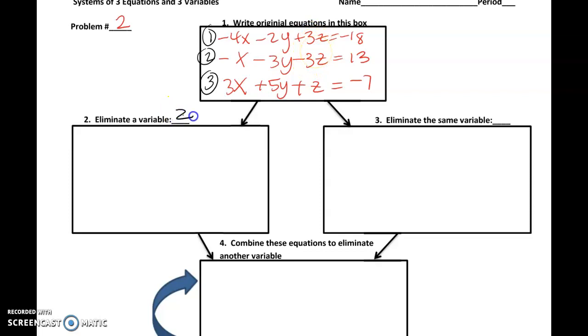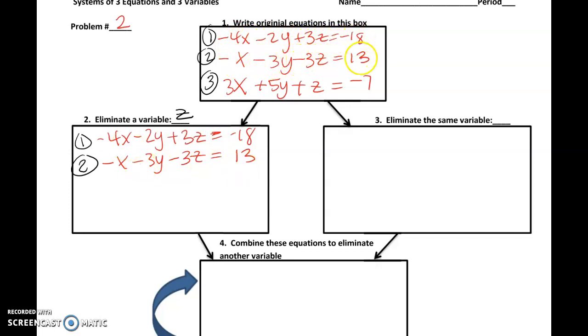I'm going to eliminate variable z, and to do so I'm going to use equation 1 and equation 2. So I have negative 4x minus 2y plus 3z equals negative 18, and negative x minus 3y minus 3z equals 13. Again, I always double check my signs: negative, negative, positive, negative, good, negative, negative, negative, negative, positive.